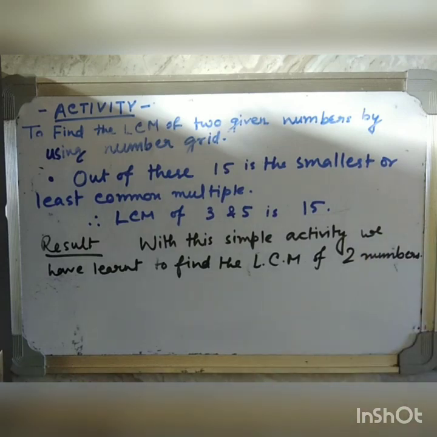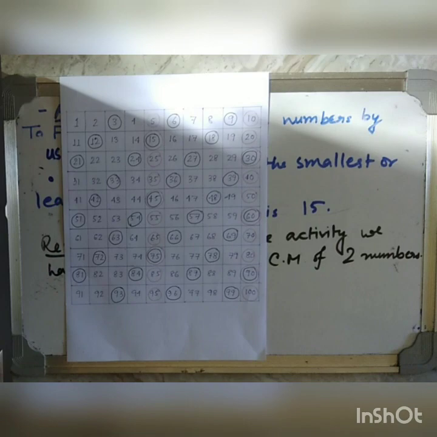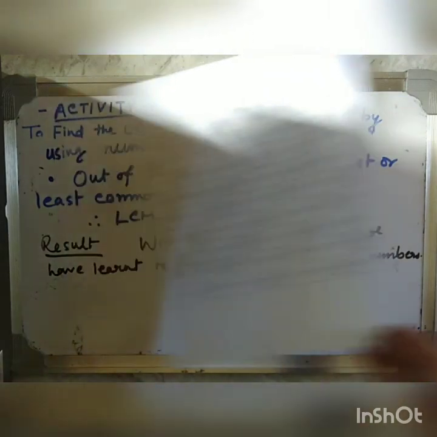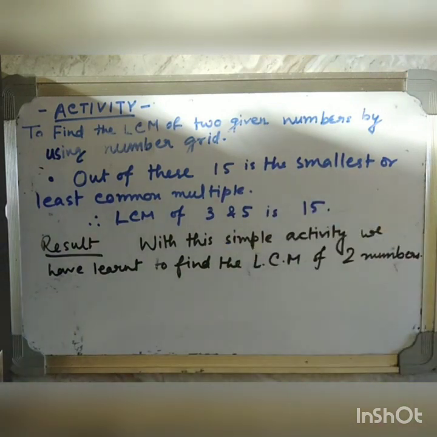Now after that we will write out of these common multiples 15, 30, 45, 60, 75, 90, 15 is the smallest common multiple. Okay, out of these 6 common multiples up to 100 of 3 and 5, 15 is the smallest as well as the least common multiple. That's why you can say that the least common multiple or the LCM of 3 and 5 is 15.